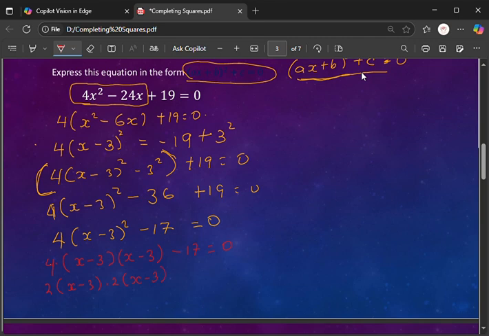You see how we have split the 4 into 2 and 2; the x minus 3 is still there, and then minus 17 equals 0. At this stage we can combine these two, and combining them leads to (2x minus 6) whole square minus 17 equals 0.